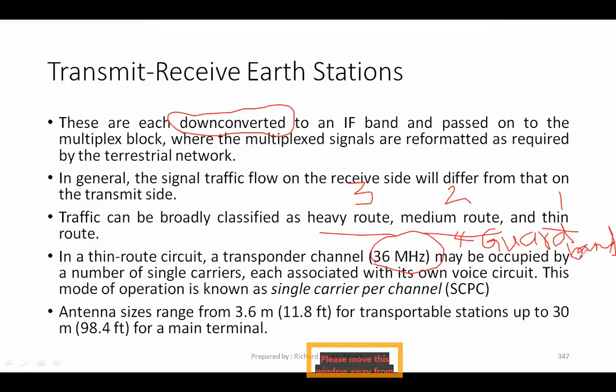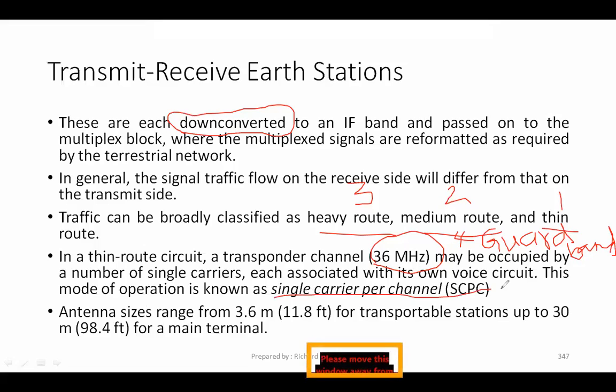And a number of single carriers, each associated with its own voice circuit. This mode of operation is also called SCPC, single carrier per channel. Okay, so this is important.